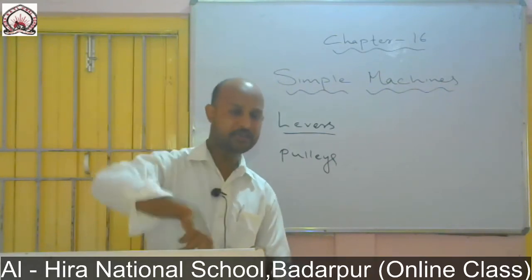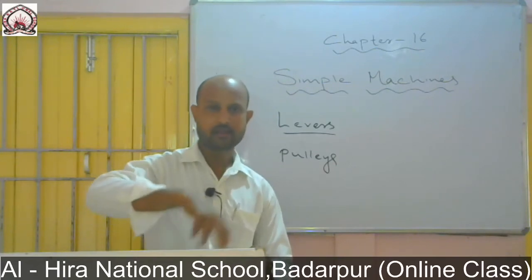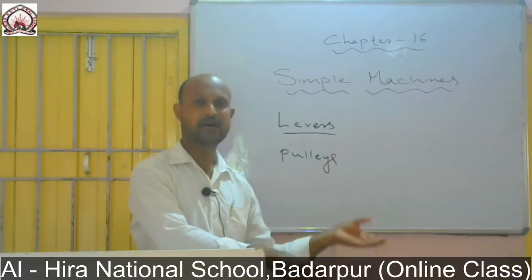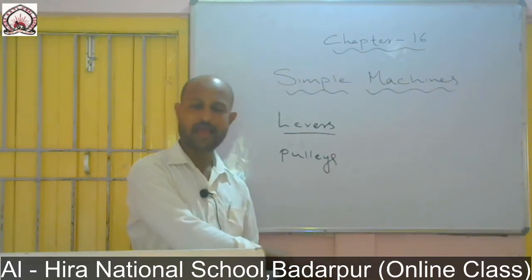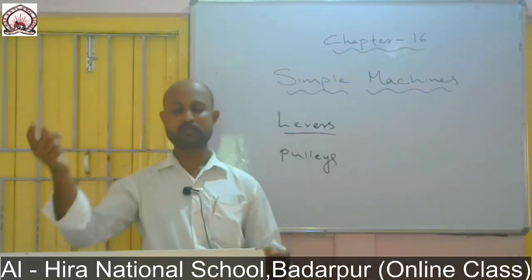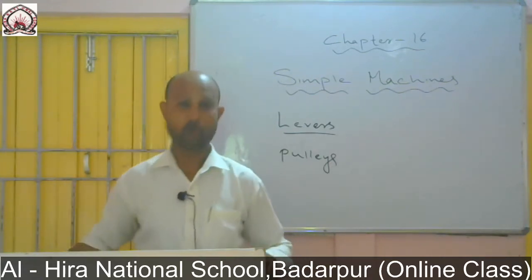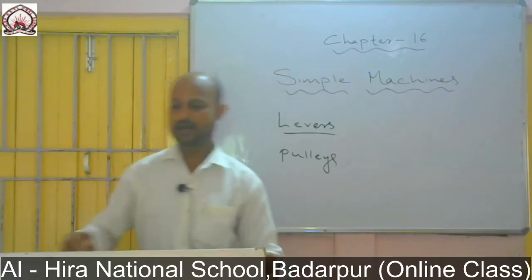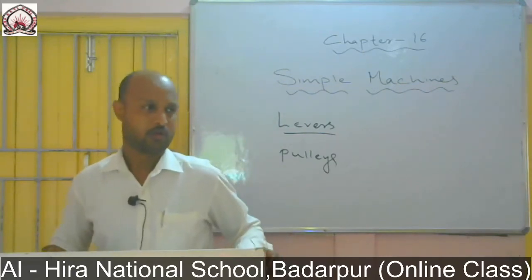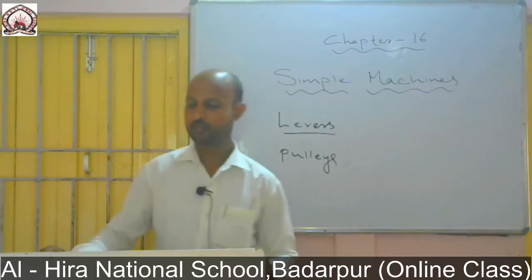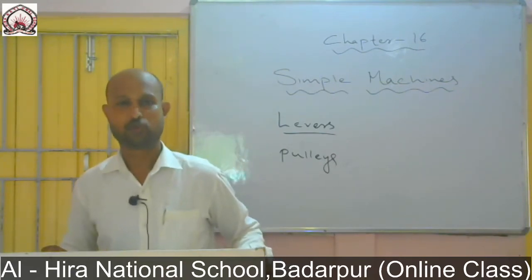They used to leave the things at the ground floor, and the person at the ground floor will load the materials on the rope, and one person at the topmost part of the building will go on pulling that rope. In this way, the workload of the worker gets minimized, and they are able to do their work in a very short time.